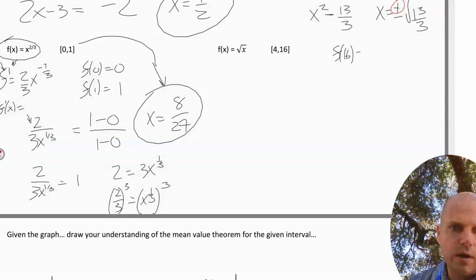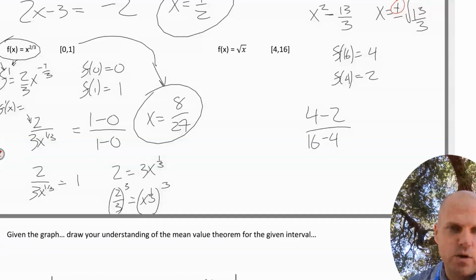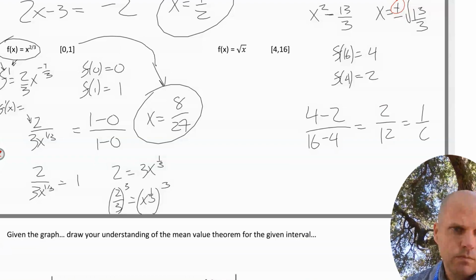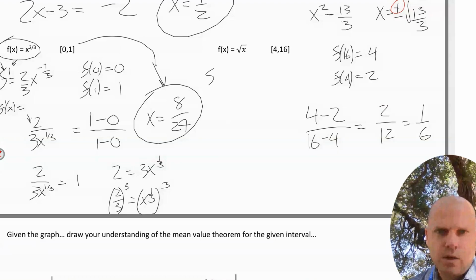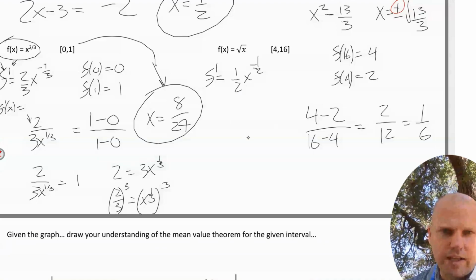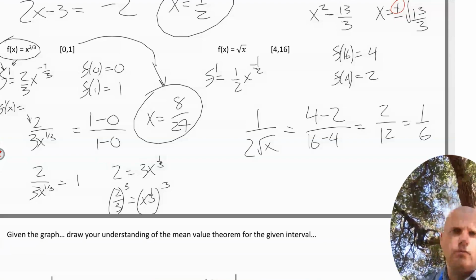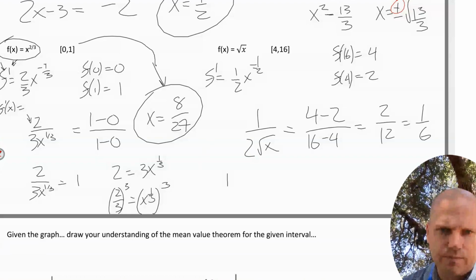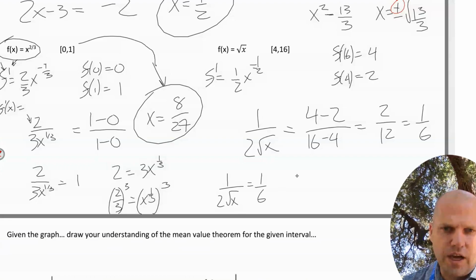Let's get our y2 and our y1. y2 minus y1 over x2 minus x1. Get 1/6. When will my tangent slope equal that secant slope? When will 1 over 2 root x equal 1/6?